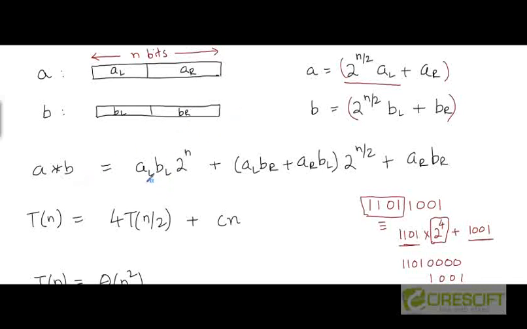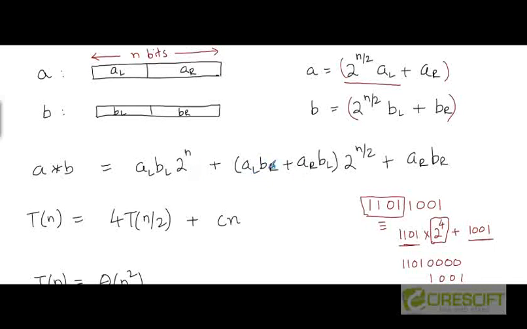So if you're given these 4 numbers, a sub l, a sub r, b sub l and b sub r, all 4 of which are n by 2 bits long, you can compute the product of a and b by doing these computations. So you take a sub l, multiply it with b sub l, shift the result to the left by n bits.